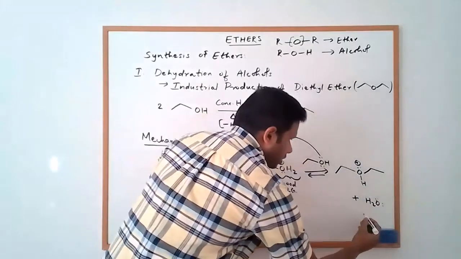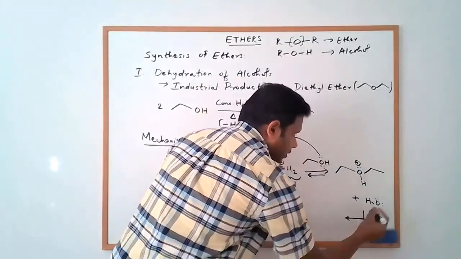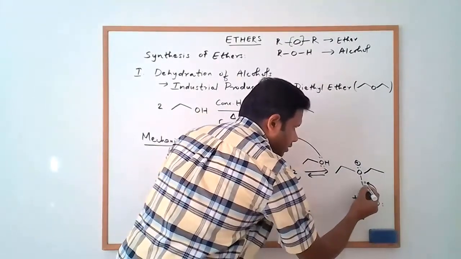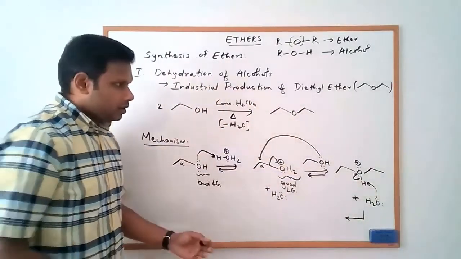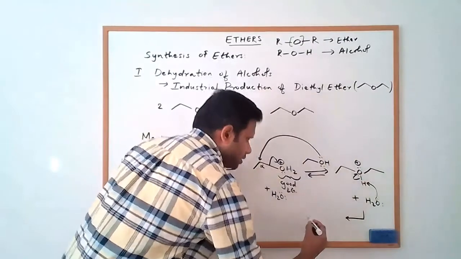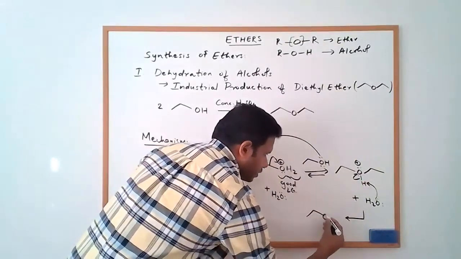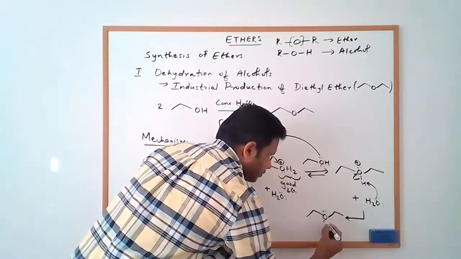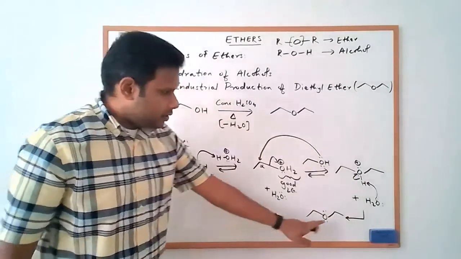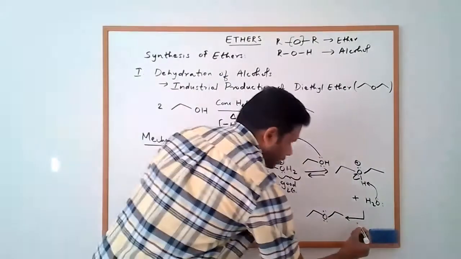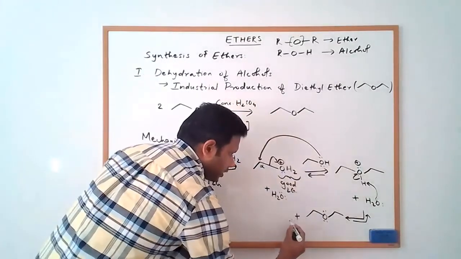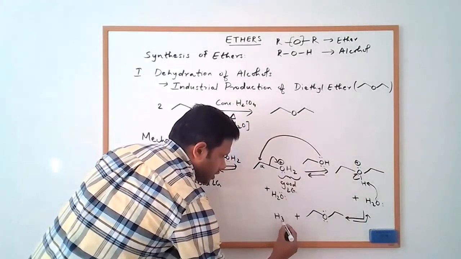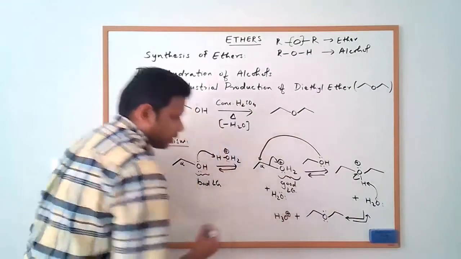Then in the final step, the water molecule here can go and deprotonate that hydrogen, or deprotonate the species here, to give us the ether, diethyl ether, and this step is also reversible, plus H3O plus.